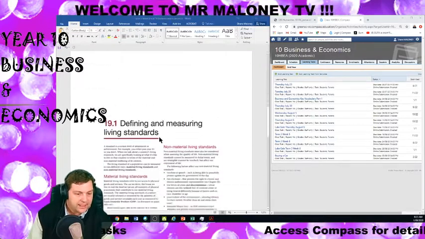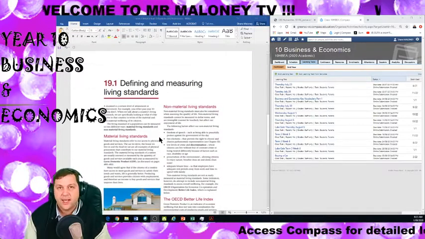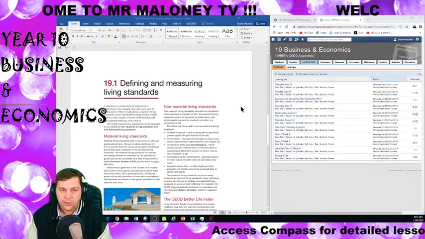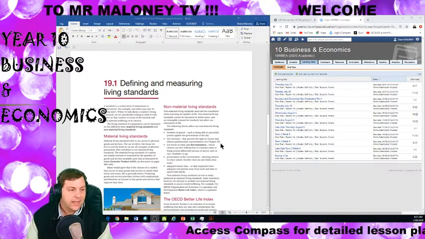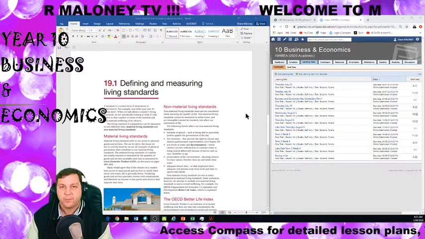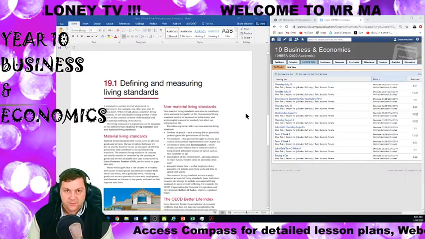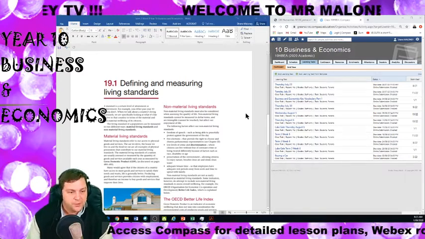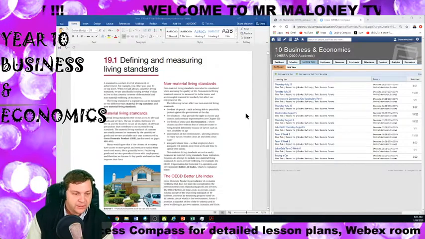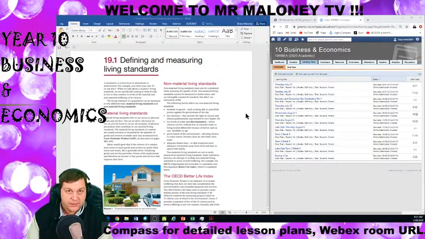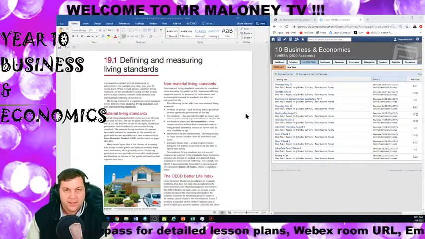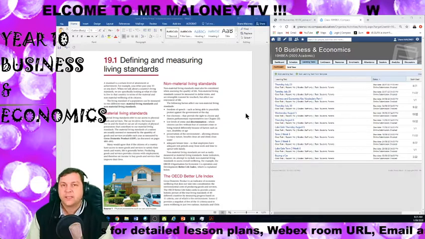So let's go down here and have a look at the new learning task for this week. It is quite a small learning task, because I know nearly every one of you is still working on the buying a car assessment, which is fine. But there are a few of us who are done with that, which is brilliant, and we need to keep ticking over as well. So have a look at 19.1, defining and measuring living standards.